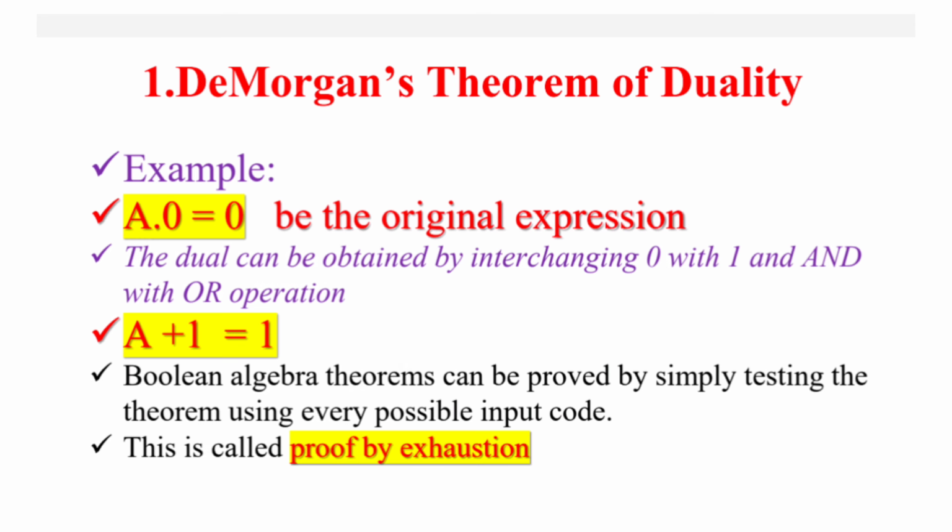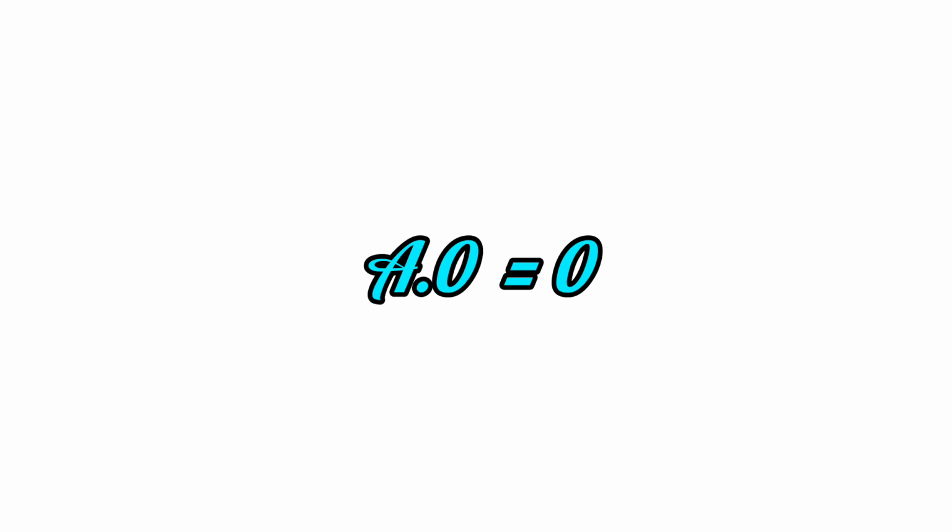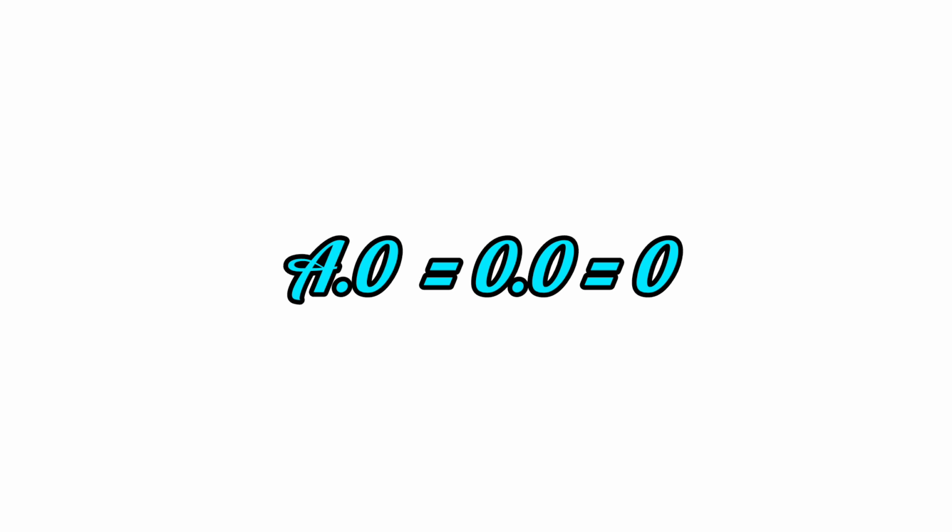The Boolean algebra theorems can be proved by simply testing the theorem using every possible input code. This is called proof by exhaustion. Now, what is proof by exhaustion? It's a method by which we directly assign values to the variables. The two possible values are 0 and 1. Then we verify whether the expressions hold or not. At first, let's consider the original expression, that is a and 0 equal to 0.